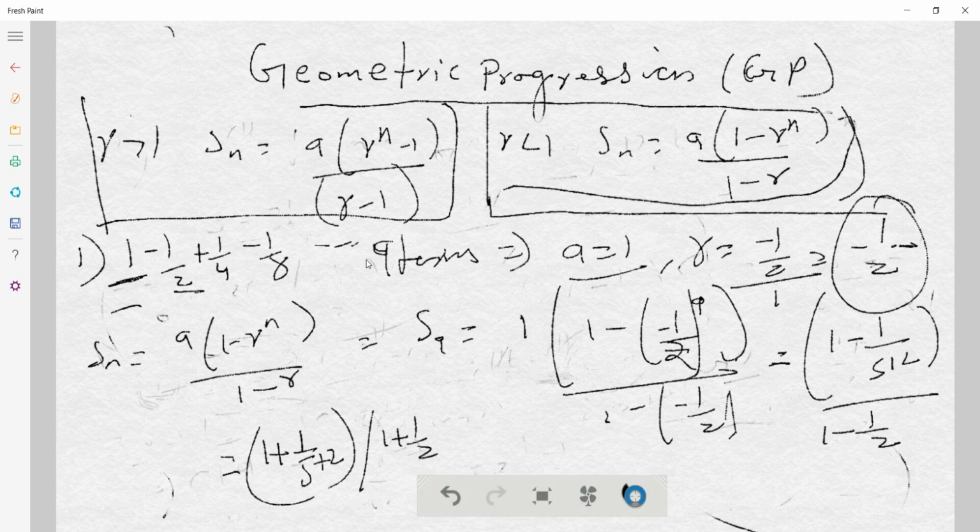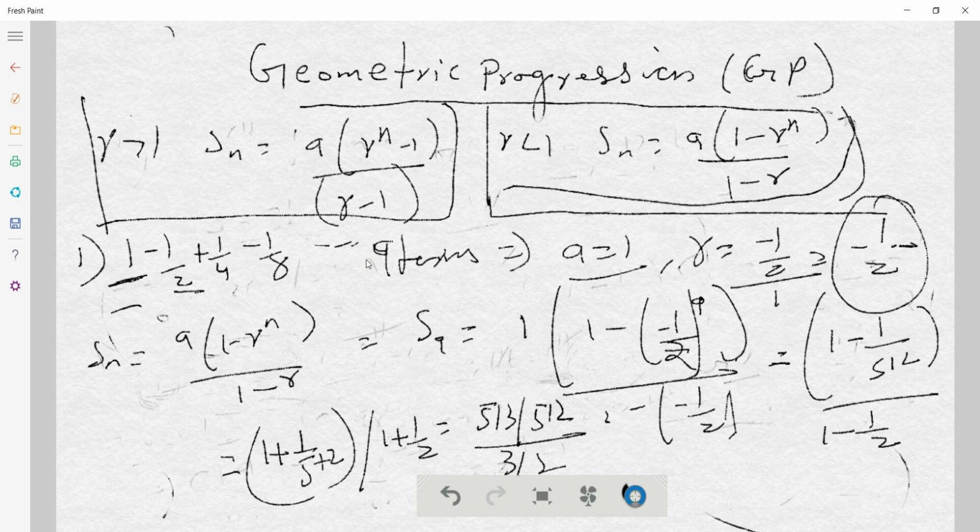So this becomes 513 divided by 512, divided by 3 by 2. Now you can use the calculator to work it out. So this is how it works, just to give you a perception.